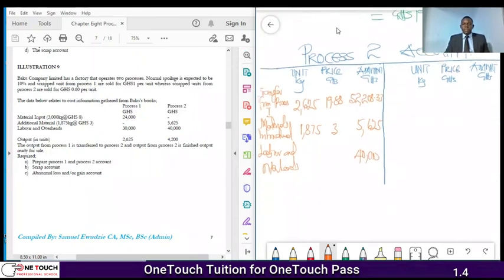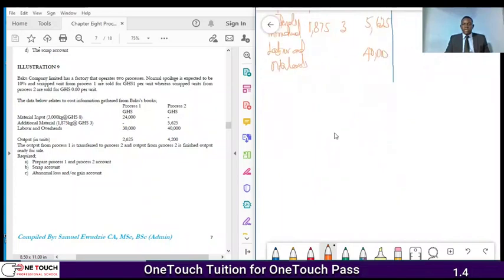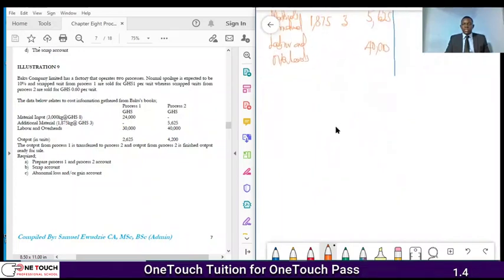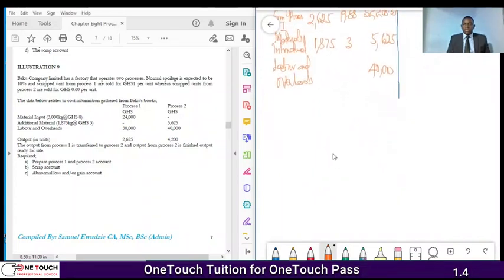Great. Now let's look at our cost per kg of good production. So we have the units in kg and the amount in cedis.